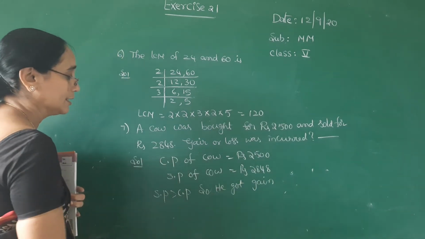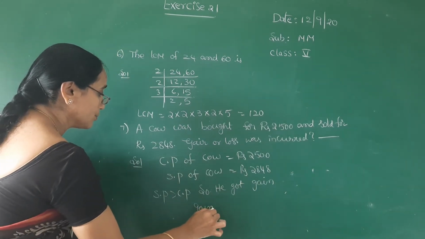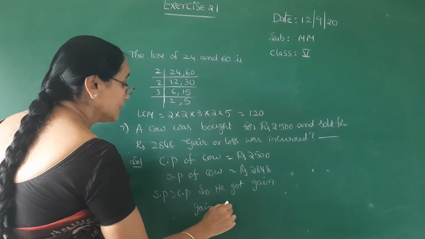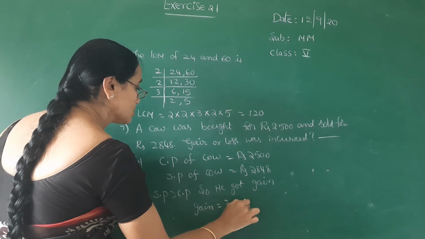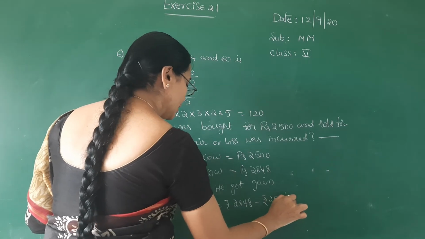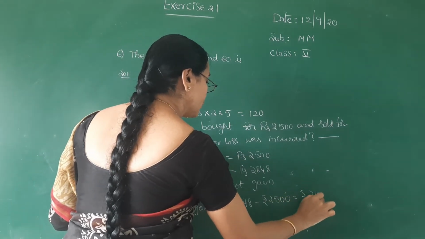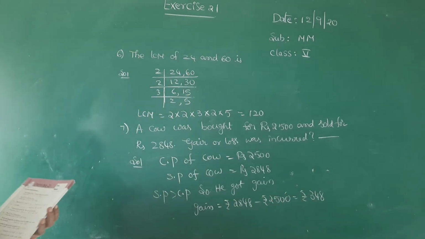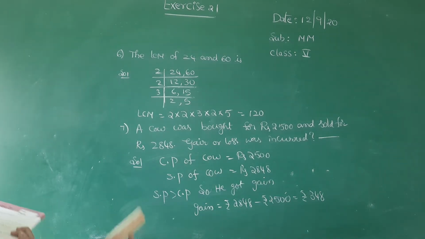He got a gain. So the gain is equal to, how much did he gain? We have to subtract 2848 minus 2500. So that is equal to 348. He got a gain of 348 rupees.